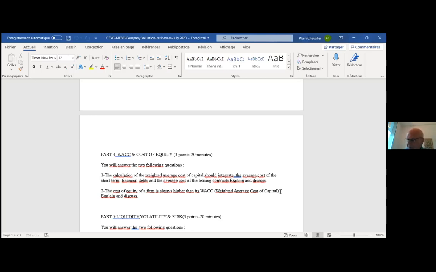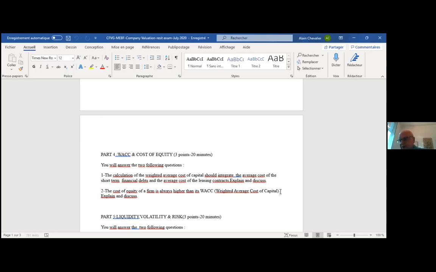But when you deal with costs, you take into account all the financial debts, not the operational debts. Financial debt means you don't take into account the debt to the tax administration, you don't take into account debt to your staff, you don't take into account any debt to the providers, for example.